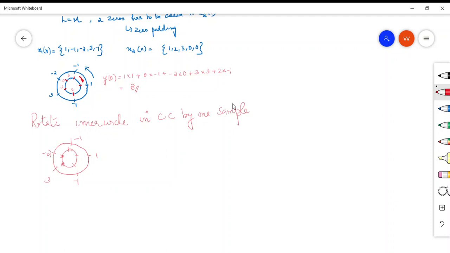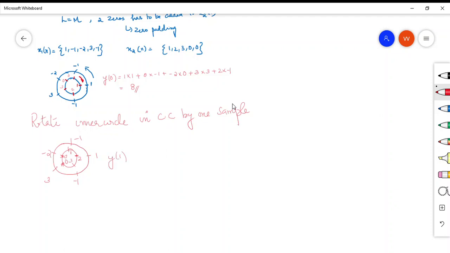Initially, corresponding to 1 here you had 1. Now it becomes 2. So 2, 1, 0, 0, 3. These will be the samples.